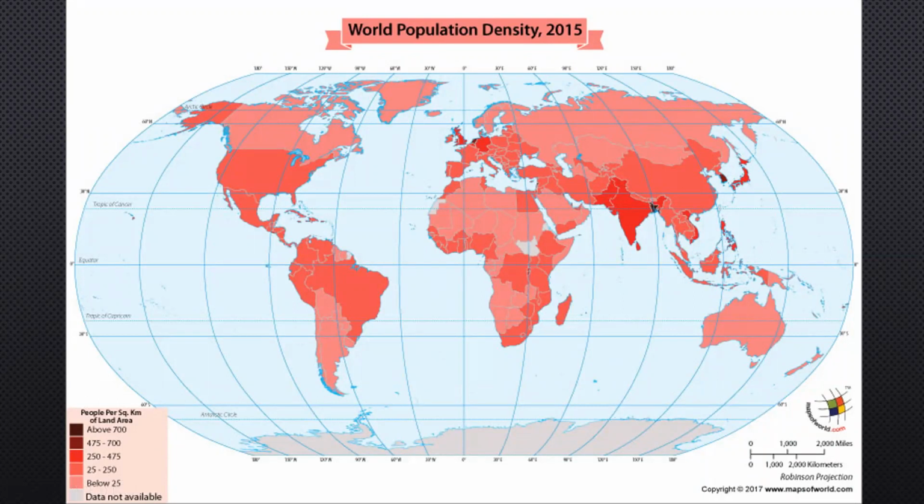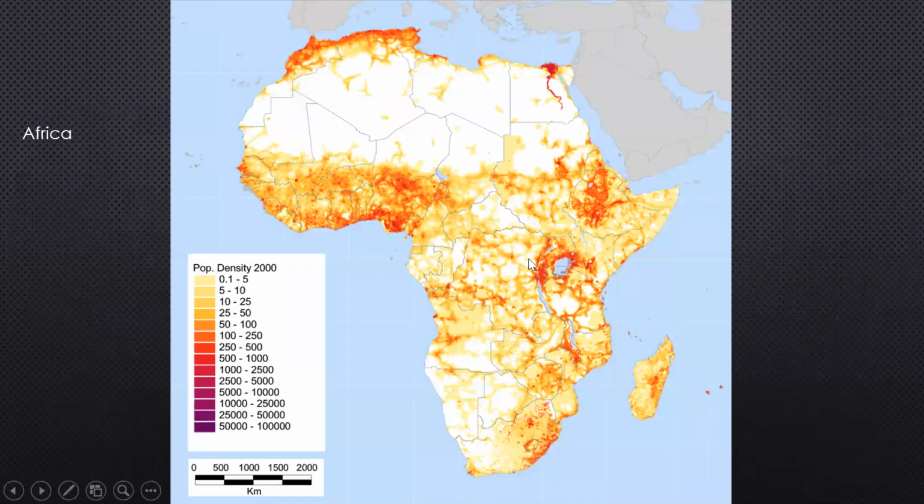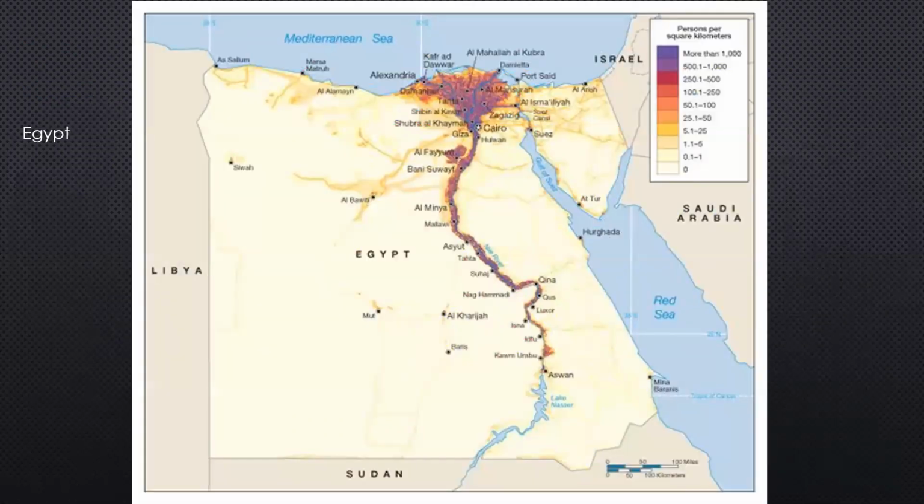Again, we could also just look at population density in general at different scales. The national scale of analysis here, the local, another local. And again, notice here how most people in Egypt are centered around the Nile River, where obviously it's best for agriculture.